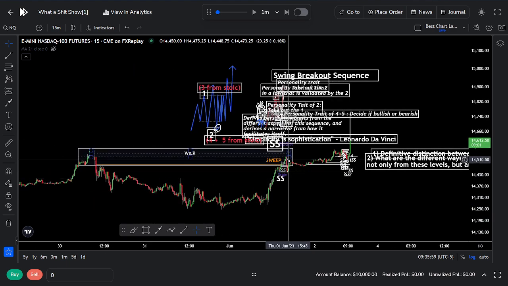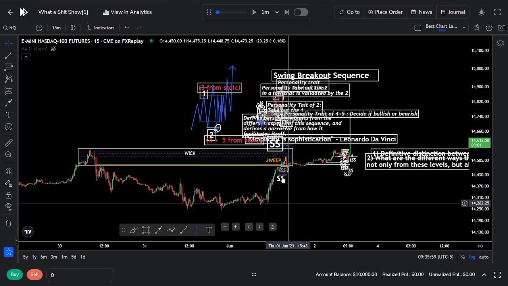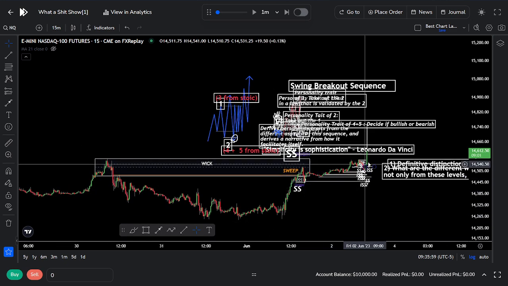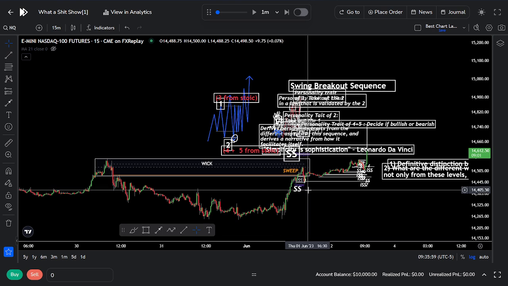I said that this sequence doesn't always have to deliver to the downside. We can get a move back to the upside. But the difference is, how do you know where it's going to deliver to?